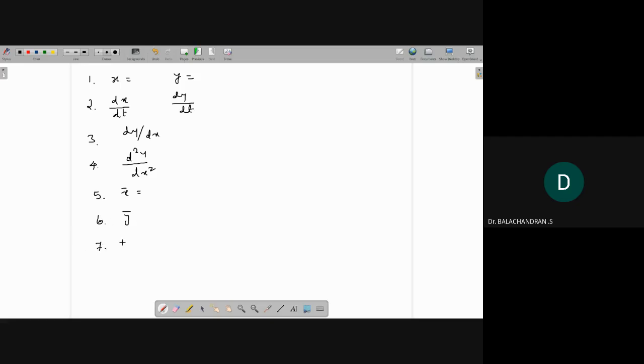So now you should eliminate the parameter, t or theta, whatever it may be, from x bar and y bar by using the known identities.